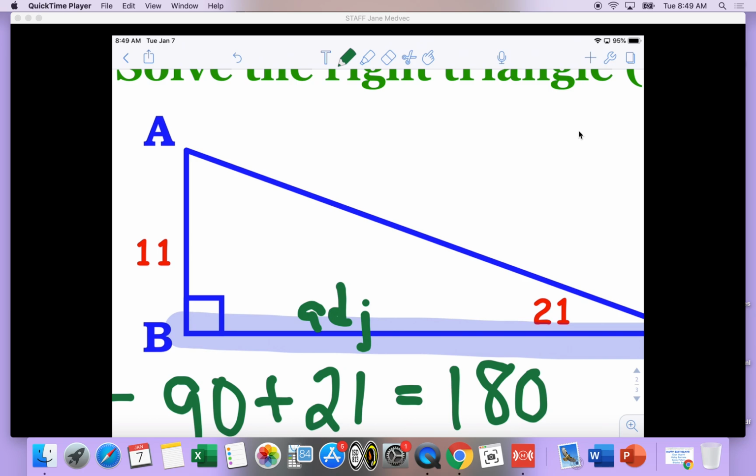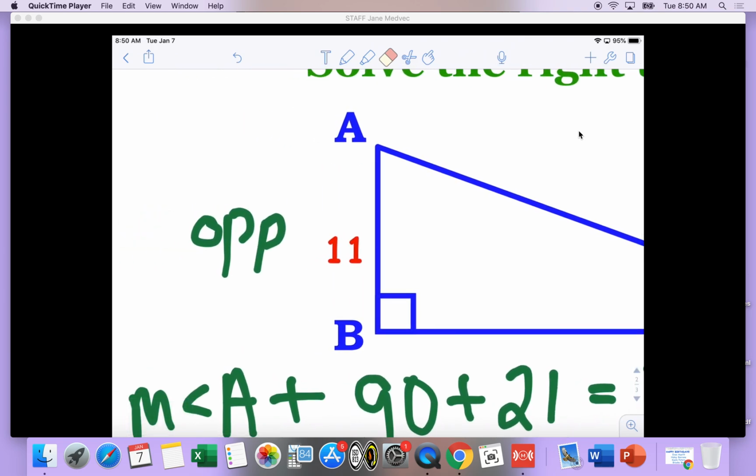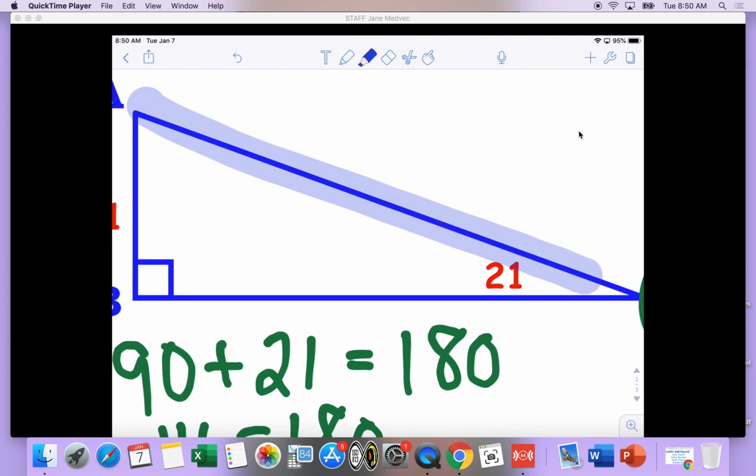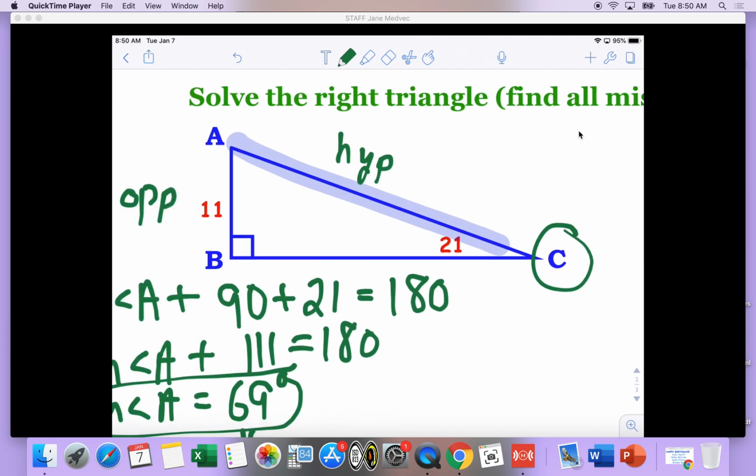Now, why would I want to use the sine identities as opposed to the Pythagorean theorem? Why would that be important? Ella? I chopped off my decimal. It could skew my answer. If I got that wrong, now my other answer is going to be wrong, right? So what I tend to do is go back and say, okay, I got an opposite there. I'm going to grab this side measure. I love what Josh says, and I'm just going to treat this as the hypotenuse and pick the sine.